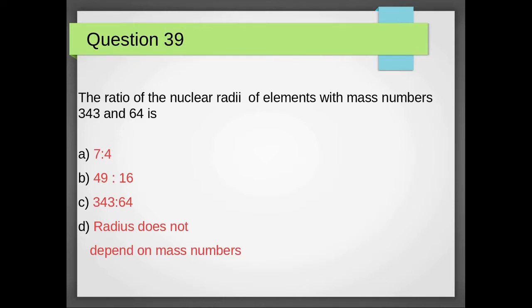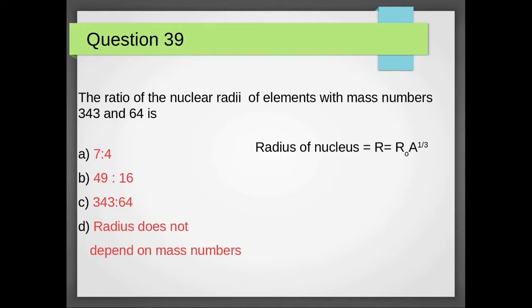You'll have to recollect that the radius of any element is given by the formula R equals R naught into A to the power of 1 by 3, where R naught is the radius of a hydrogen nucleus and A is the mass number of that particular element.